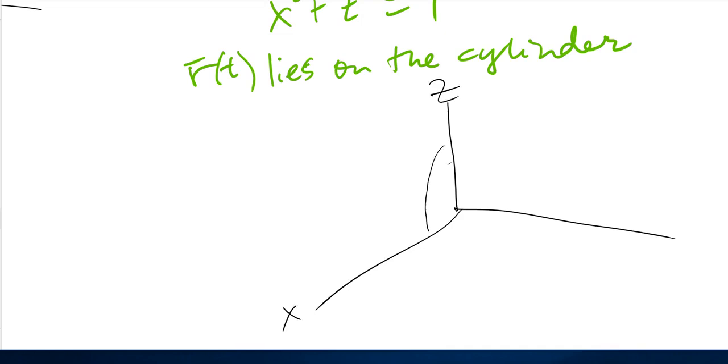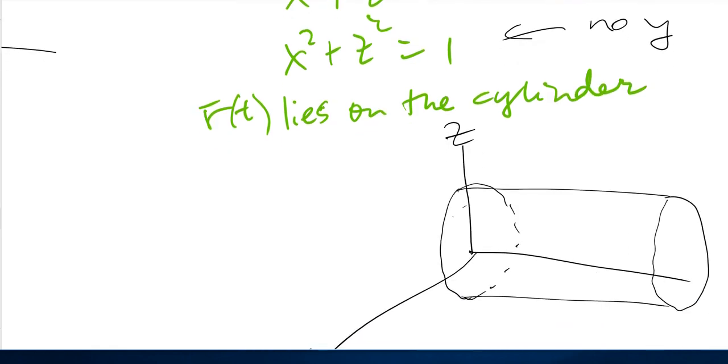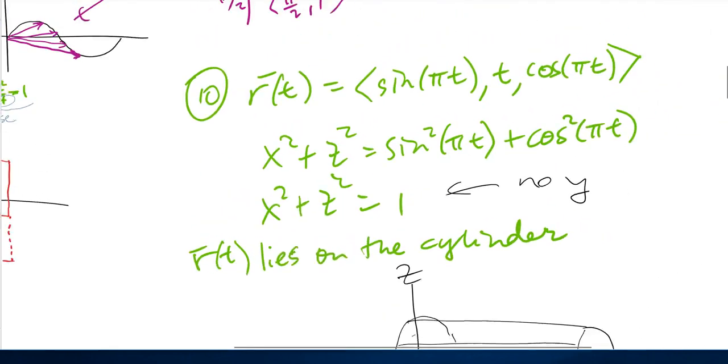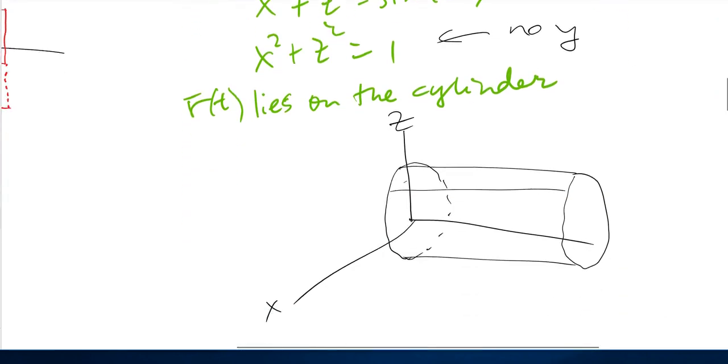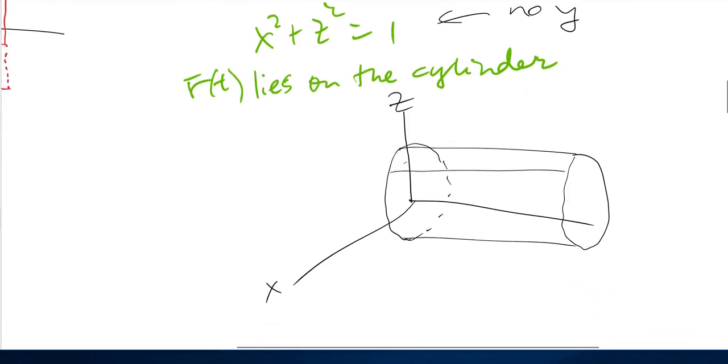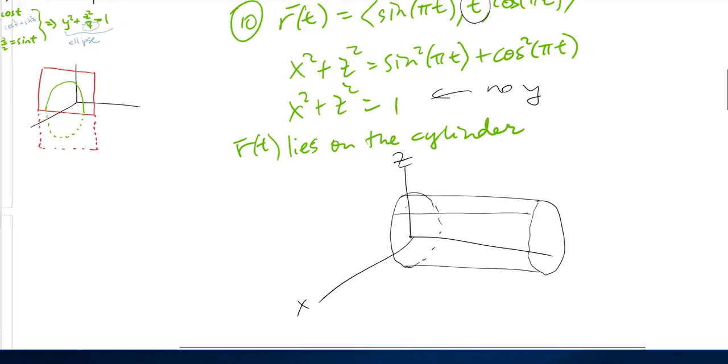There's a cylinder here, like this. There's no y, so the rulings are parallel to the y-axis. And then what's going on with y? Well, y is t. Whatever t value you have, y is just going to follow it. So the circle is going to be a spiral. So watch. Here we go.